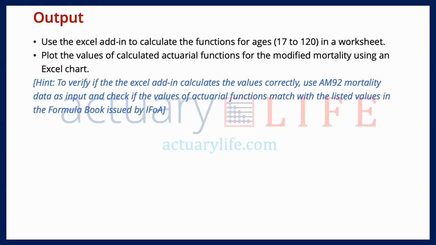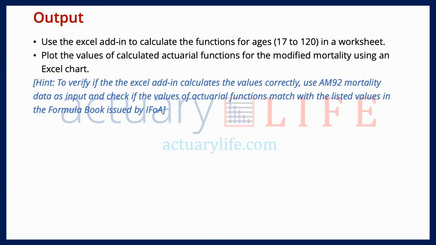Then the output which is required is to have an Excel add-in file which can calculate the functions in a worksheet. Also plot the values of calculated actuarial functions for the modified mortality using an Excel chart. So what you need to do is, once you have all the values calculated from age 17 to 120, use a chart function in Excel to also display how the values are changing.